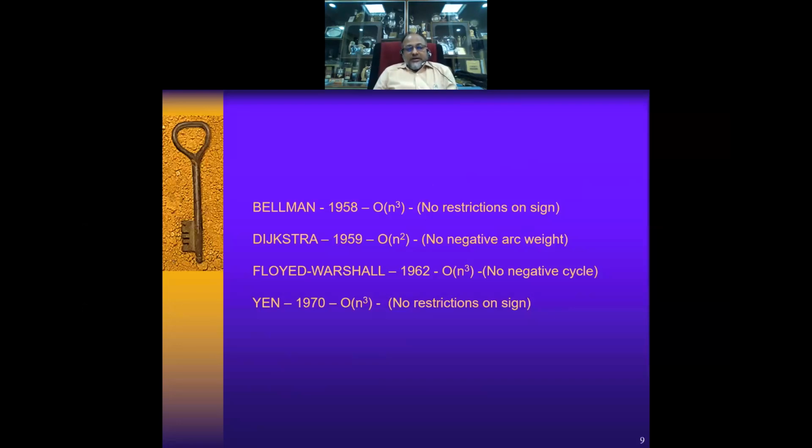And another gentleman in 1970 developed an algorithm. Its time complexity is order of n power 3 without any restriction. No restriction on sign. That means the weights may be positive or negative, or the network can even have a negative cycle. Even with a network with a negative cycle, this algorithm will give the answer.